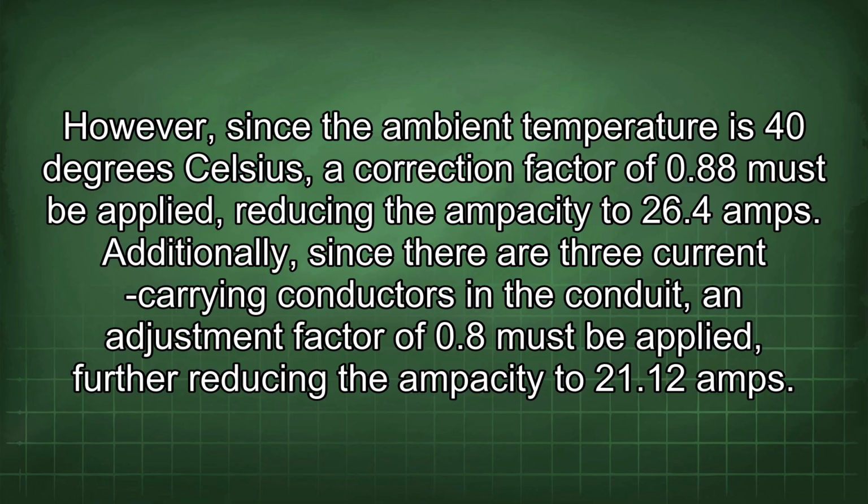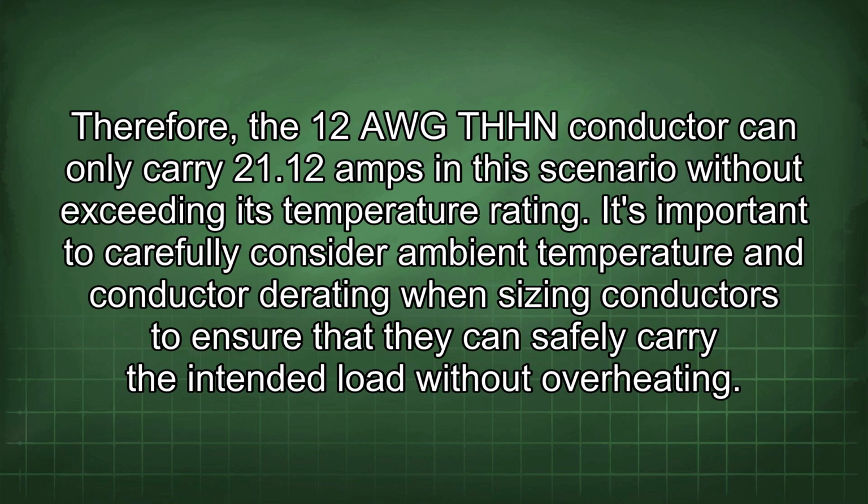Additionally, since there are 3 current-carrying conductors in the conduit, an adjustment factor of 0.8 must be applied, further reducing the ampacity to 21.12 amps. Therefore, the 12 AWG THHN conductor can only carry 21.12 amps in this scenario without exceeding its temperature rating.